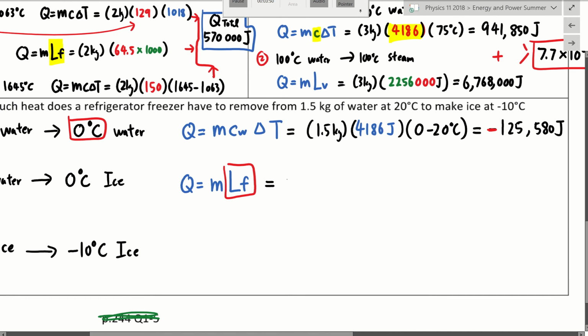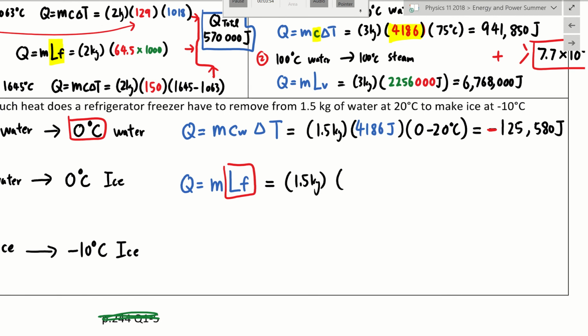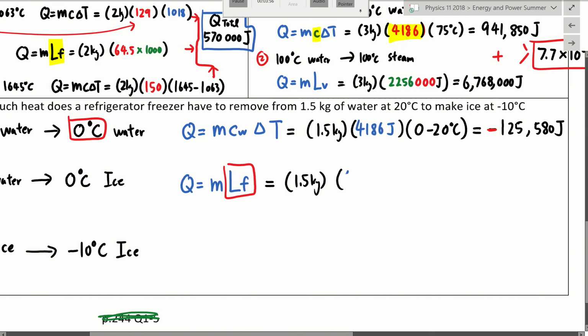So 1.5 kilograms times 334, but the value is actually 334,000, unfortunately, and that's it. You can use a calculator again. It's negative because you're removing energy from it, right?